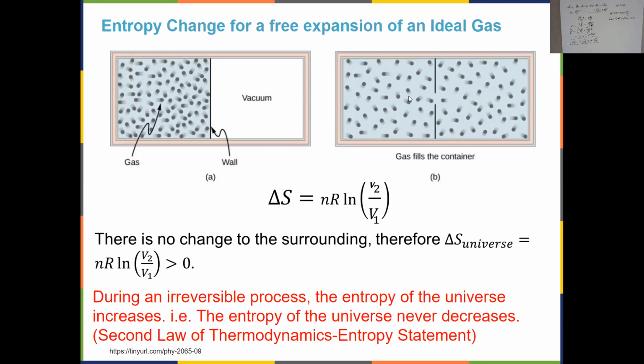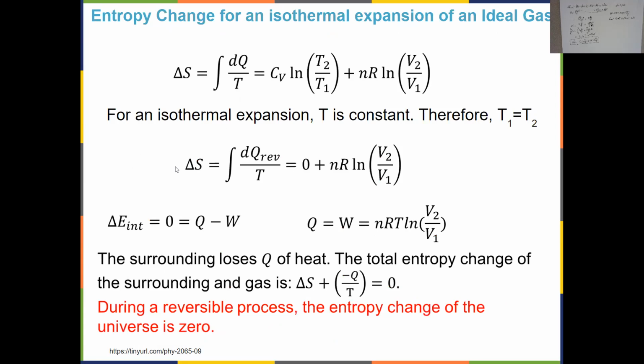For the entropy change, because the temperature is the same, initial and final, the change in entropy will be the same as before, so nR ln V2 over V1.